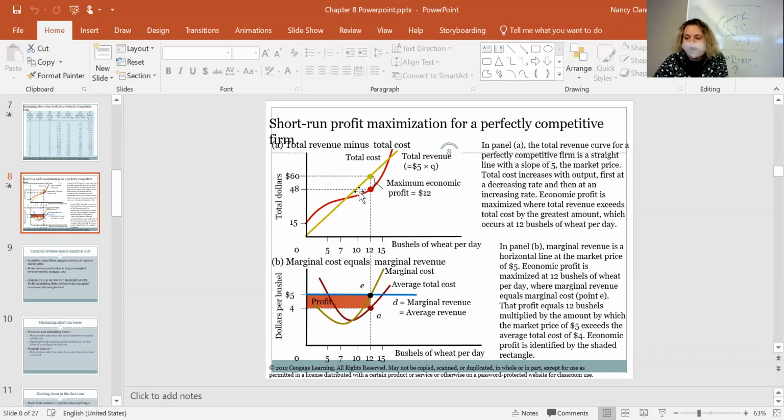And so you will see that we find that at 12 units. And if we trace horizontally from that greatest vertical distance, you will see that we have a total revenue of 60 and a total cost of 48, giving us our maximum economic profit of $12.